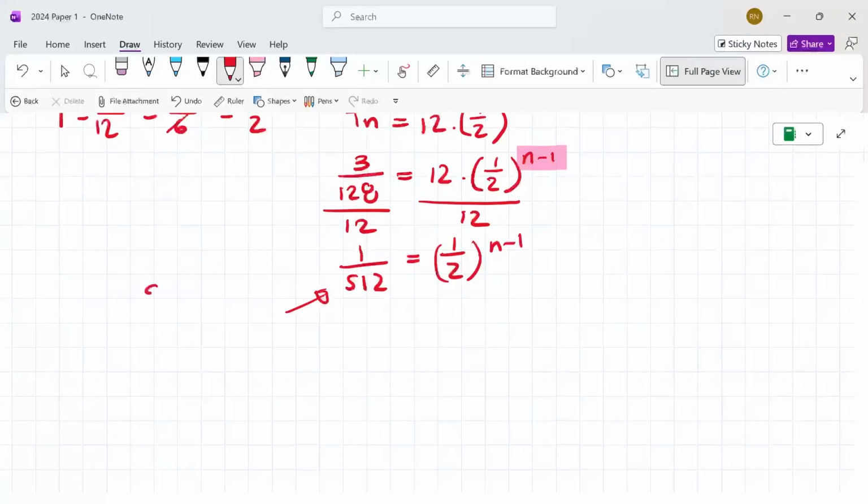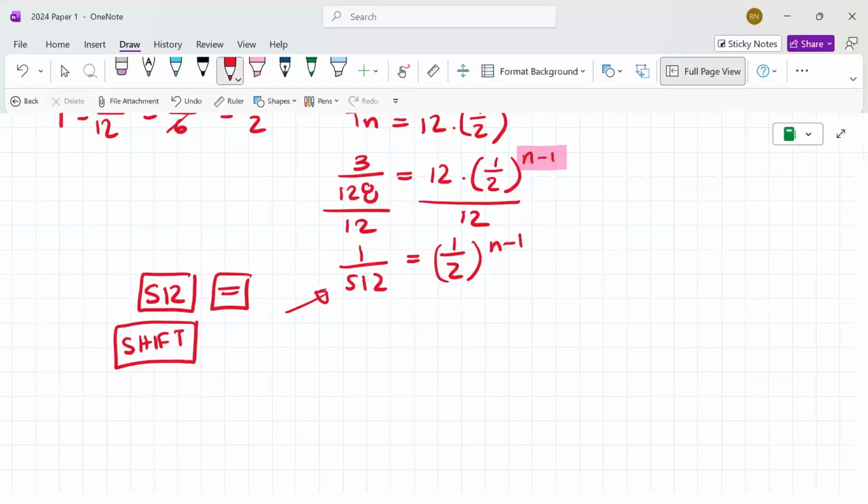So you press 512 and equals, then you press shift, and then look for fact. It's somewhere on the top button. That should give you 2 to the power of 9.